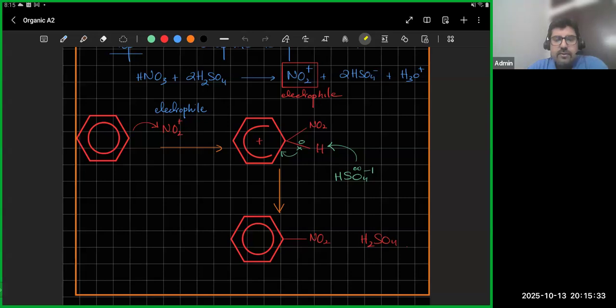Now, apart from benzene, there are other benzene-related or derivative compounds.